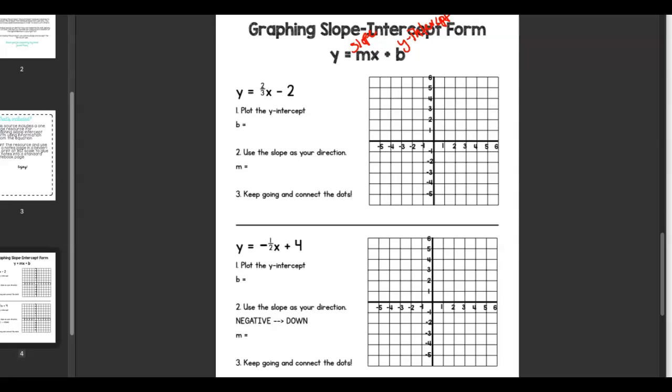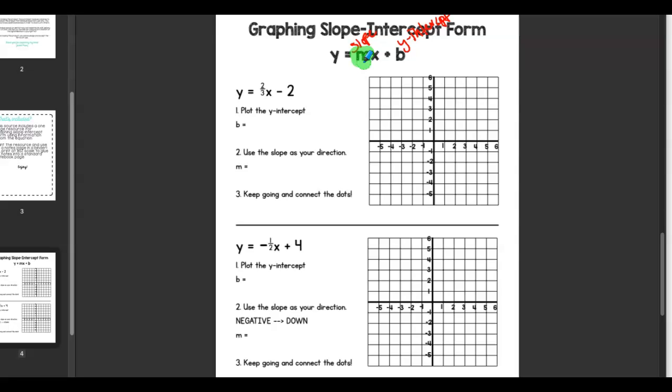Now with your highlighter, I want you to highlight the M and only the M. In the first equation, raise your hand if you can tell me what the slope is. Aubrey? 2/3.